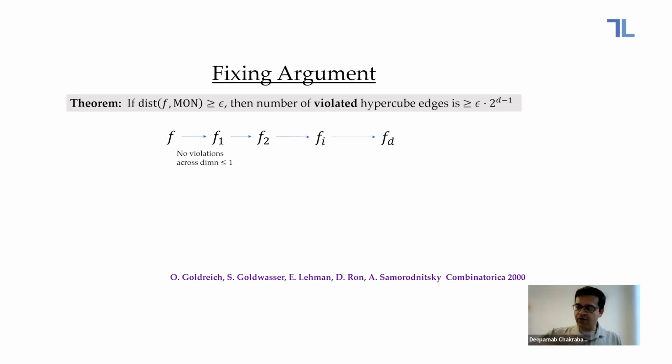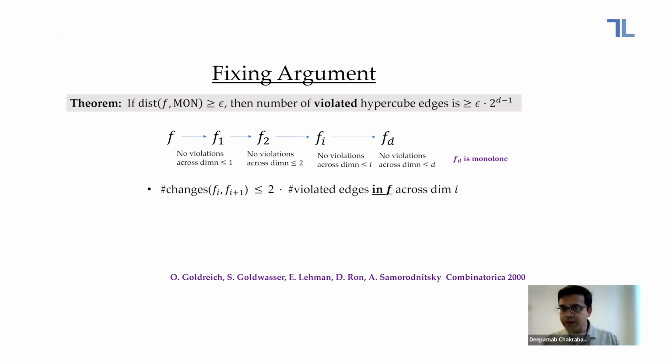So I'll fix all the violations across that dimension. And then when I go from f1 to f2, f2 will have no violations across dimension 2 and no violations across dimension 1. And so on and so forth. fi will have no violations from 1 to i. And when I reach fd, fd will have no violations across any of the dimensions, which means that fd is going to be a monotone function. That's the process that we'll describe.